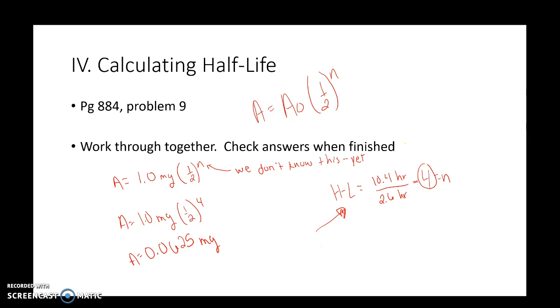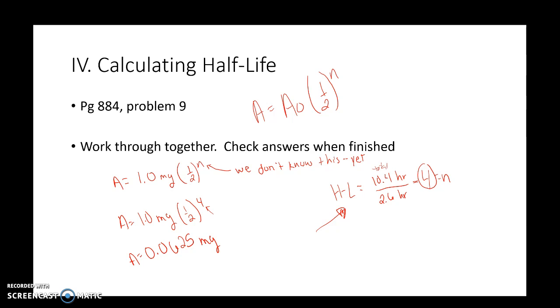We know that one half-life is 2.6 hours, and we've gone through 10.4 hours. If you take 10.4, so this is the total amount, divided by one single half-life, which is 2.6 hours, you should get 4 half-lives. So we can insert that 4 into our nth power. So you get 1.0 milligrams times half to the 4th power.